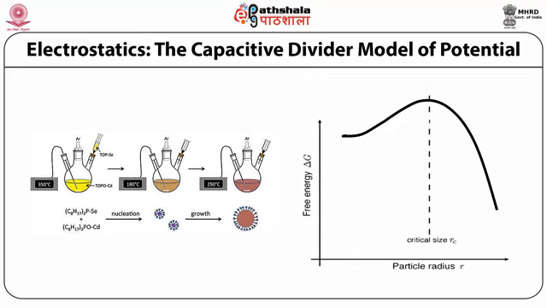In this case, the number of atoms n in the previously discussed equation can be expressed in terms of the radius r of the nanoparticle and the density of atoms in the nanoparticle, d. Here, delta G equals 4 pi d divided by 3 multiplied by r cube multiplied by (mu C minus mu S) plus 4 pi r square sigma.